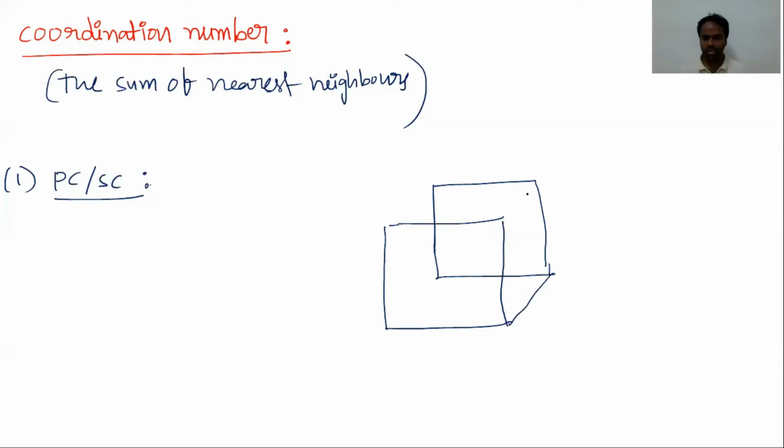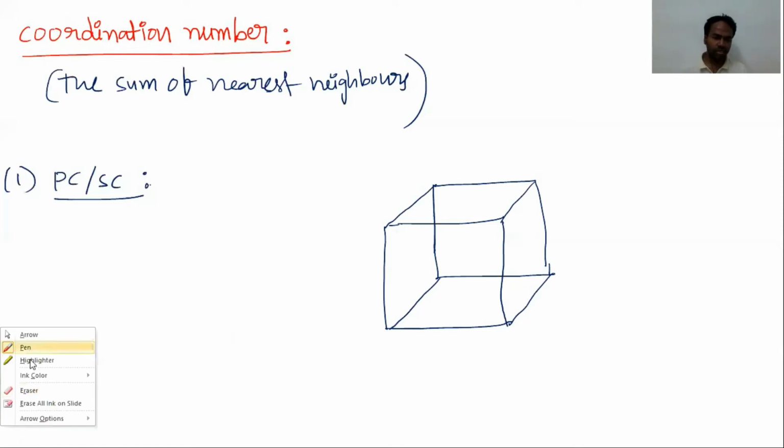So this is the primitive cubic unit cell. Here the atoms are located only at the corners. These are the lattice points present at only the 8 corners.